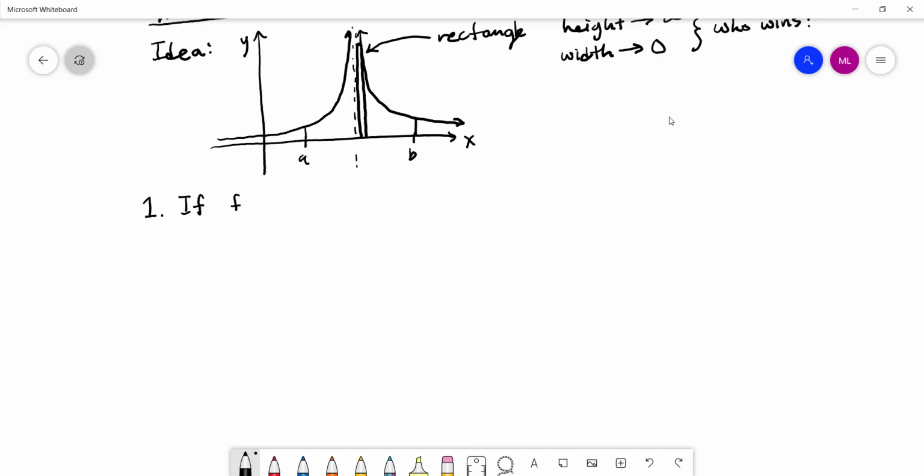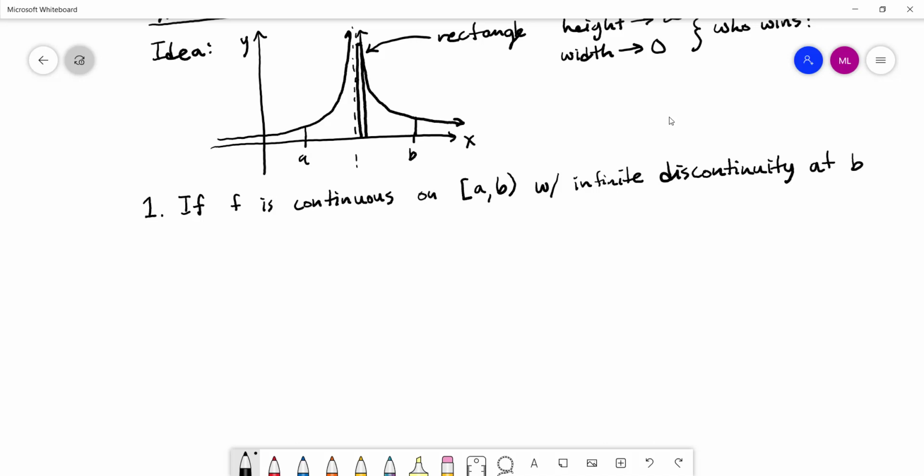Okay, so let's just get to it. If f is continuous everywhere except at that discontinuity, so if it's continuous on [a, b) with an infinite discontinuity at b, an infinite discontinuity is basically a fancy way of saying a vertical asymptote, then our integral from a to b of f of x dx is going to be equal to the limit, as I'm going to introduce a new letter, we'll call it c, as c goes to b from the left, a number just shy of b, of the integral from a to c of f of x dx.